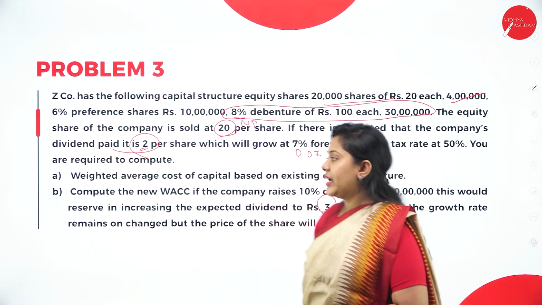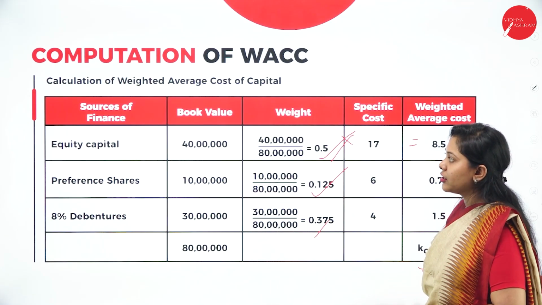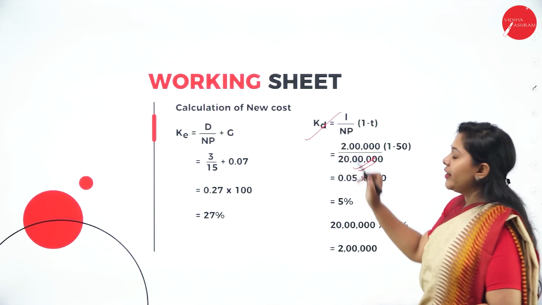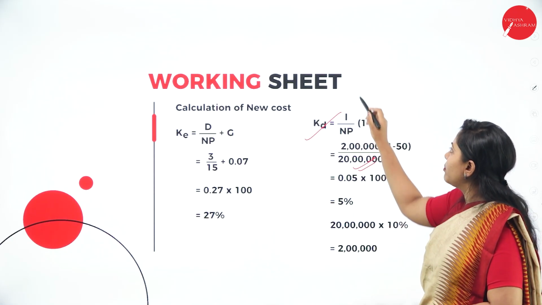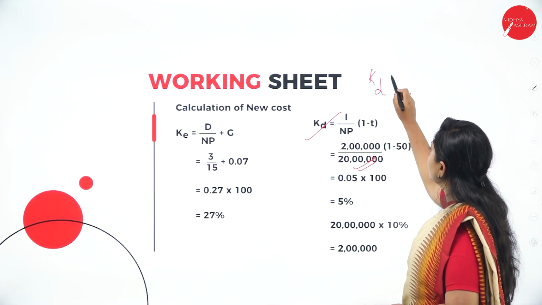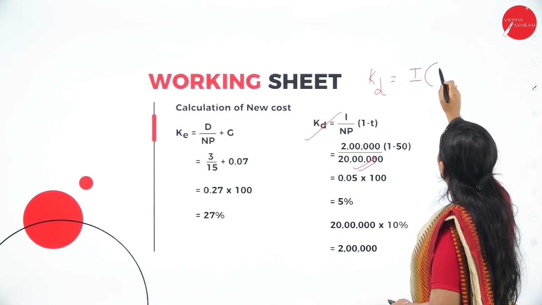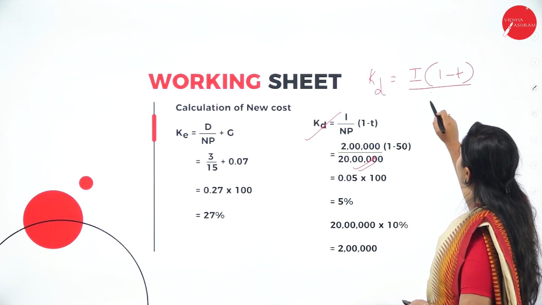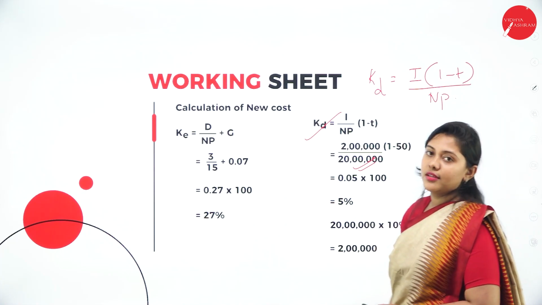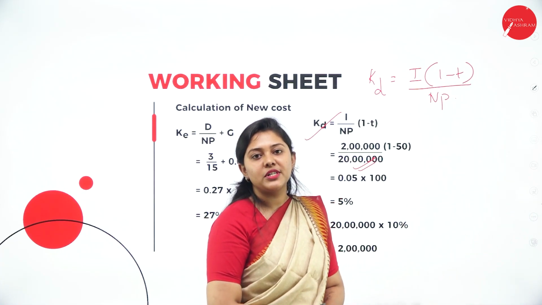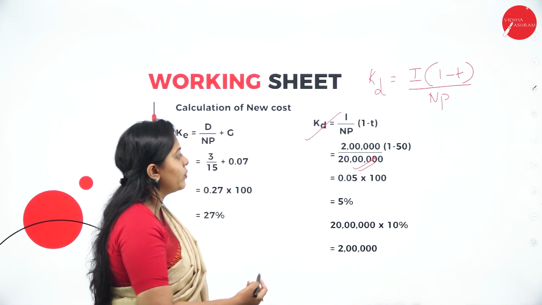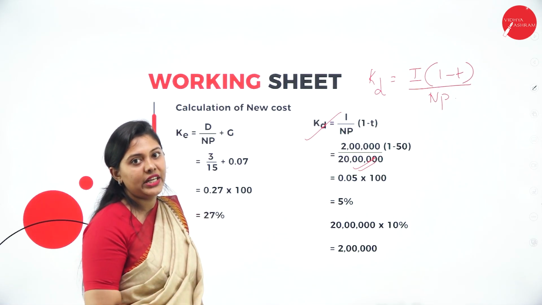So let's calculate the new specific cost. So cost of debt is equal to interest into 1 minus tax divided by net proceeds. Okay, so what is the interest percentage? Interest percent is how much? 10% on 20 lakh.